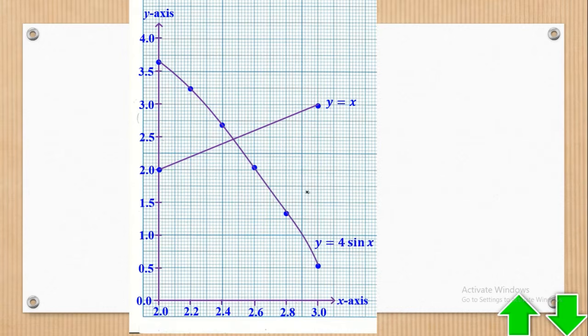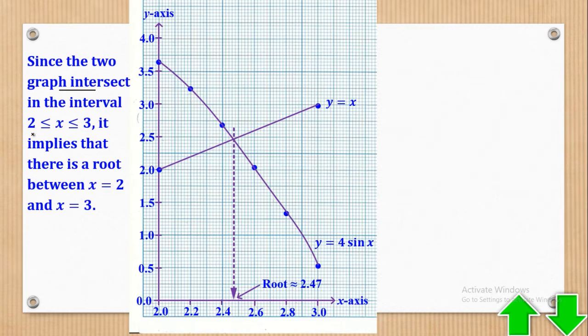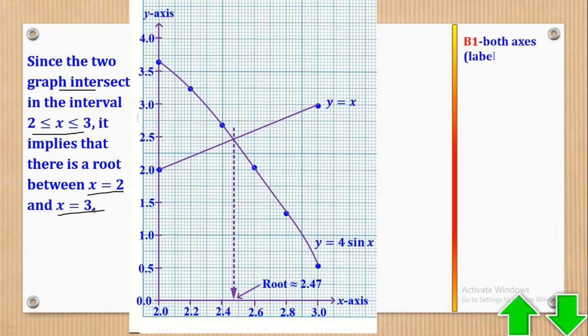After that, we shall remember that the point of intersection gives the root. So the root will be 2.47. And therefore we shall come and conclude that since the two graphs intersect in the interval this, it implies that there is a root between x equal to 2 and x equal to 3. So basically that's what they wanted.